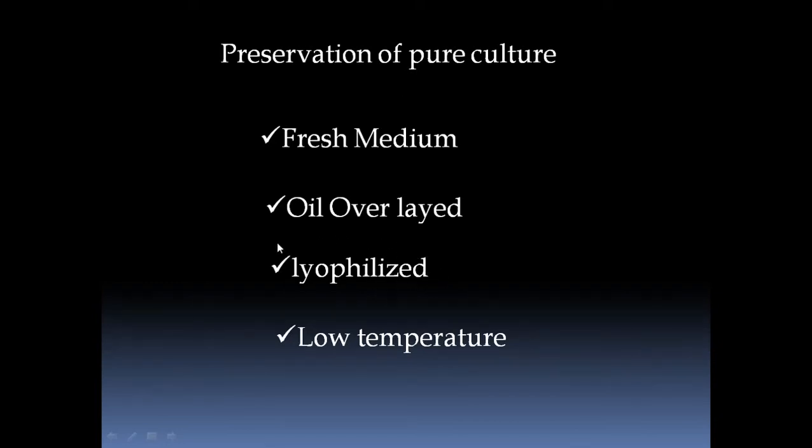This is a method which is called freeze drying. In this process you have a cell suspension. That cell suspension is allowed to sublime with the help of a generated vacuum. Whichever ice is there, under the condition of vacuum, rather than entering a liquid state, will directly enter into a gaseous phase.